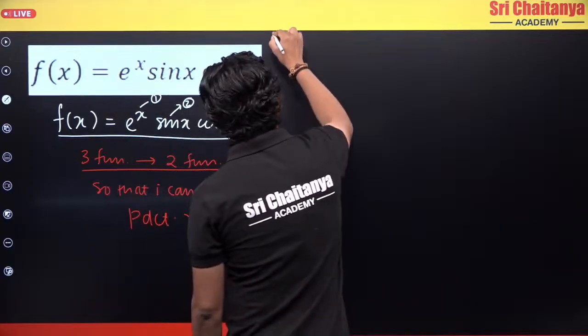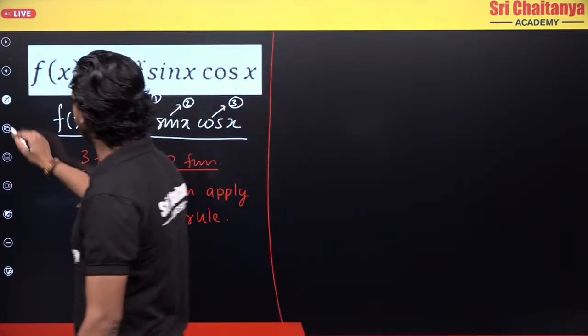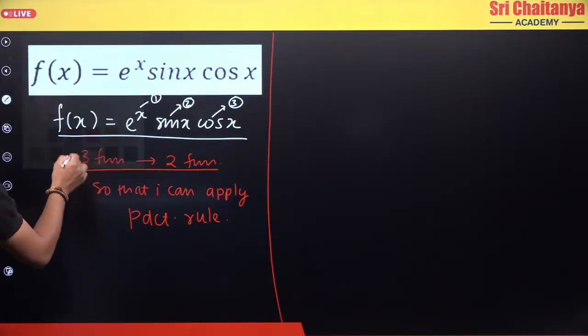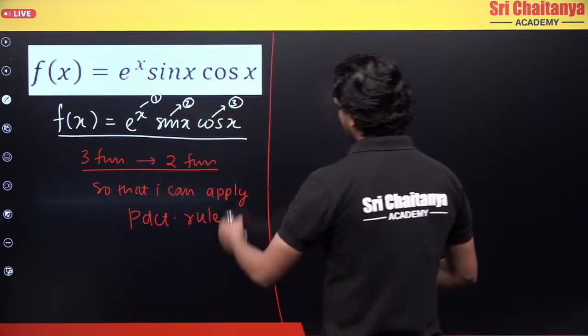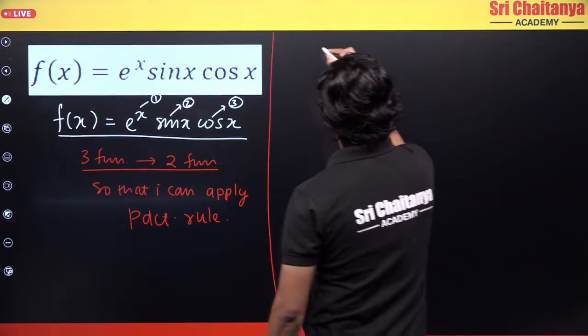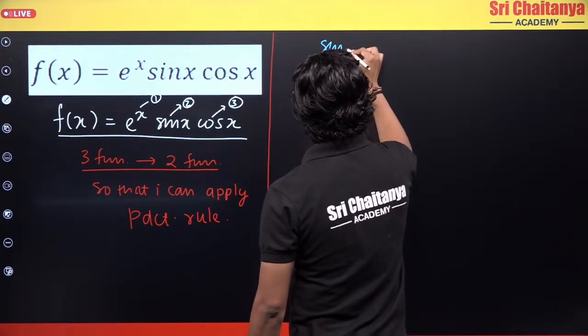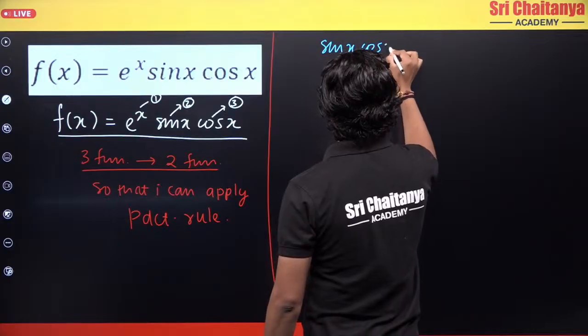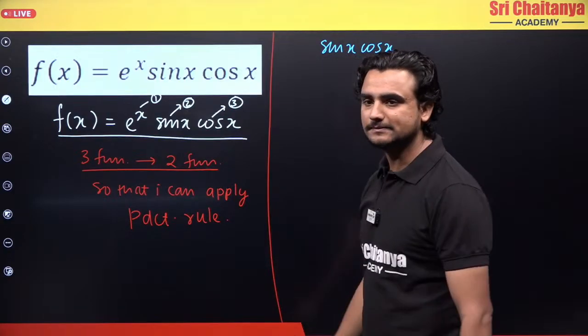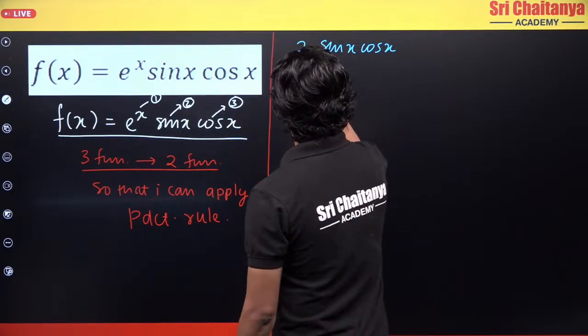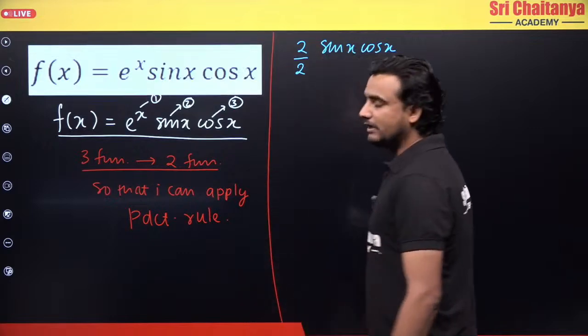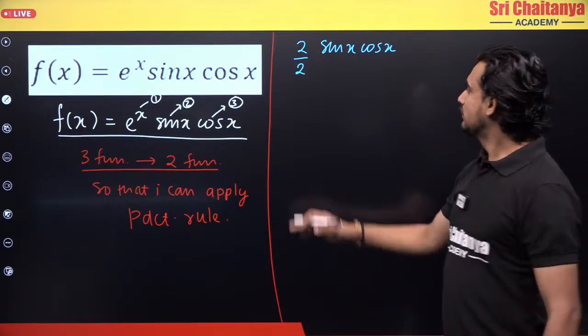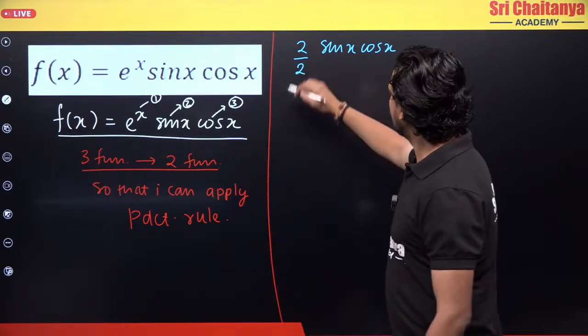So this is where trigonometry will come into play. We have done trigonometric formulas. So if you think, what can I do? I can write sin x into cos x, and I will multiply and divide by 2. What will happen? It will remain the same, because 2 into 1/2, this will cancel.